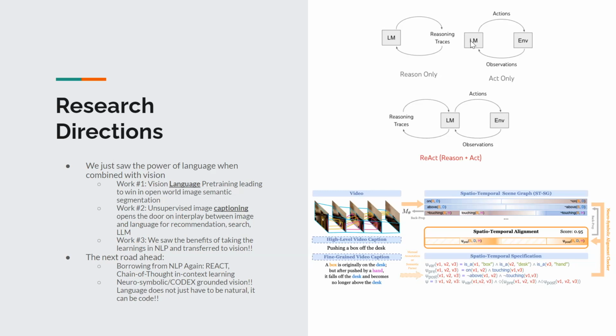Now we can talk about language in different forms, code, English, and so on. But I do believe that language is always the grounding because that's how we humans are. We communicate with language, and I believe that's our grounding. And transferring that learning to other modalities is how I think about this.